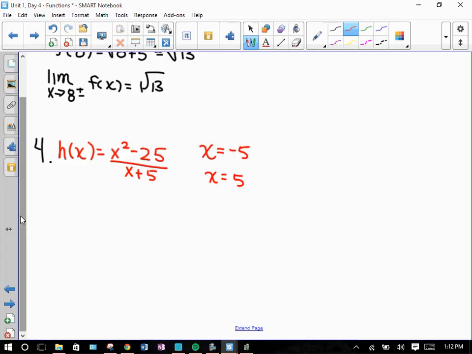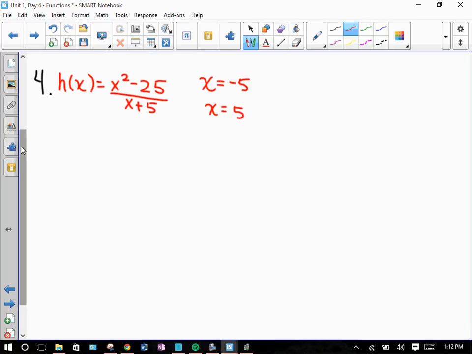Okay, so first of all, what's the first step we want to do? Well, we're going to plug both those in. The first thing we're checking is, is this function defined? If it's not defined, that means it does not exist. And if the function does not have a function value there, definitely not continuous. So, if I plug in -5, I'm going to have f of -5.